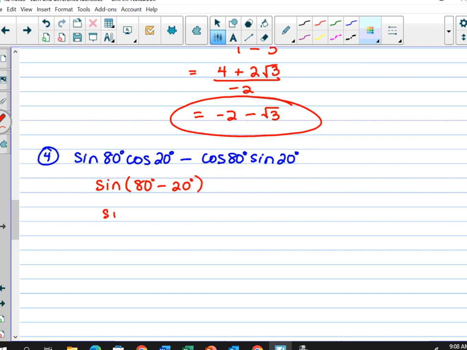Well, what's 80 minus 20? And what is the sine of 60? Root 3 over 2. So that was easier, right? I did not lie.